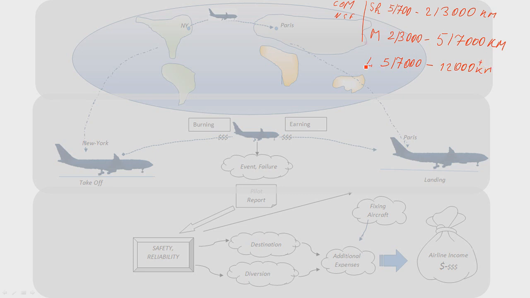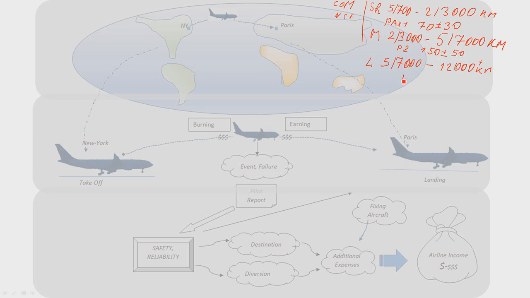From the passenger side, we have passenger category 1, 70 seats plus minus 30. For P2 we have 150 plus minus 50.